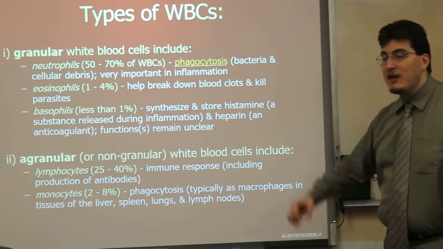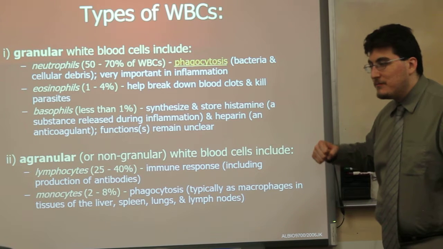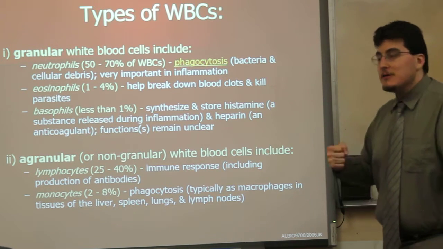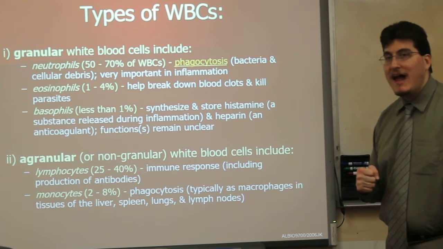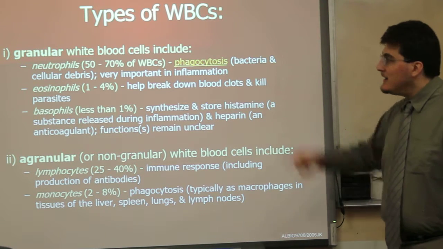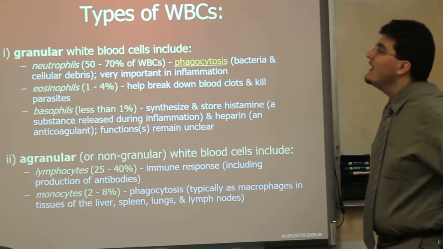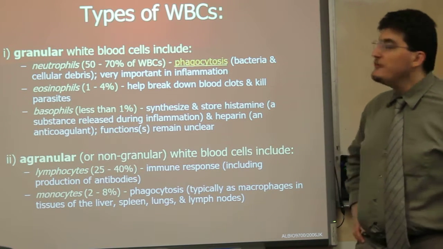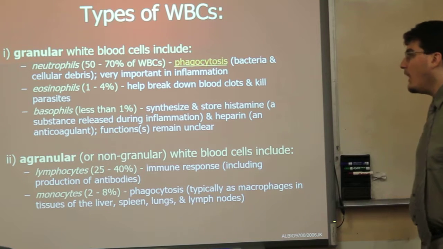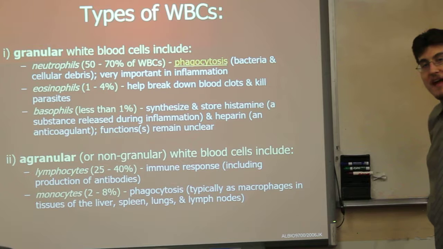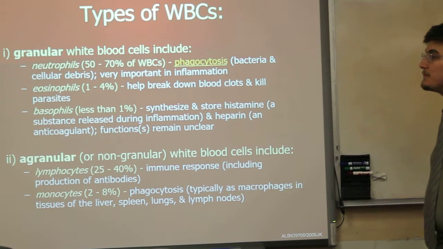If you've ever had a really satisfying pimple that you've popped, most of that pimple whitehead, most of that pus, is neutrophil carcasses. Yep. Eosinophils are 1 to 4% of your white blood cells. They help break down blood clots, and they have a role in killing parasites.